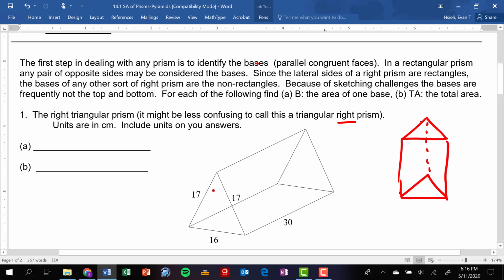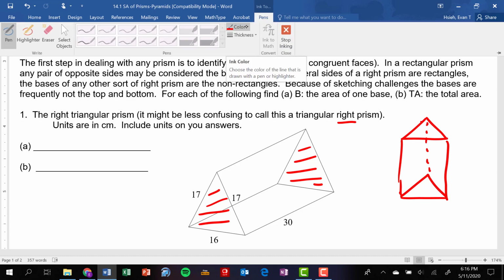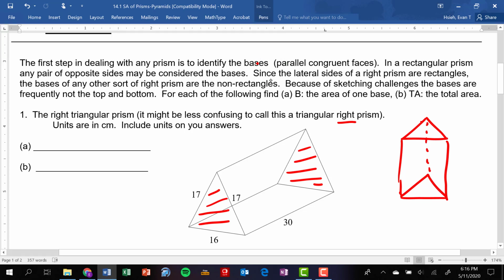Again, so these are the faces, and when we look for the area of these, we refer to them as bases. Those are congruent to each other, and they are parallel to each other.